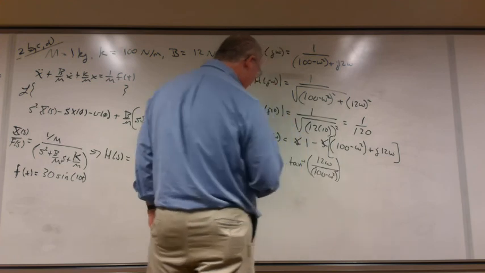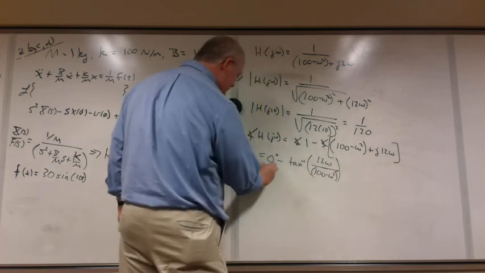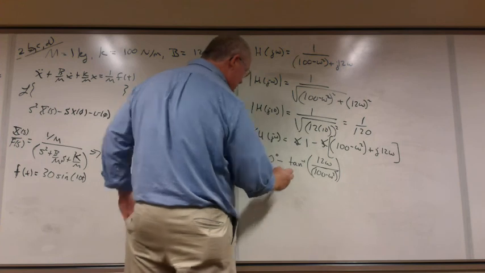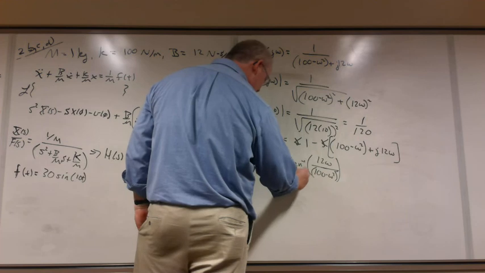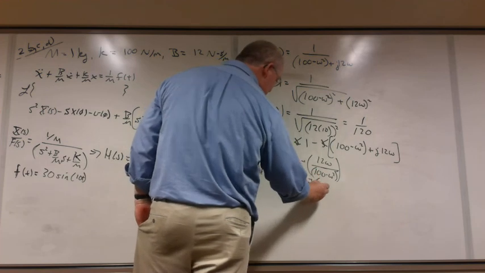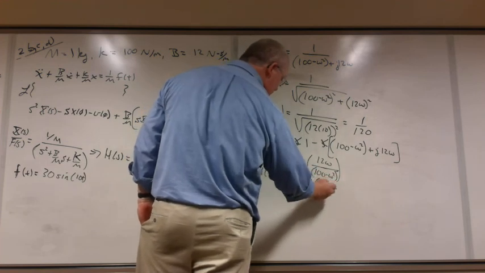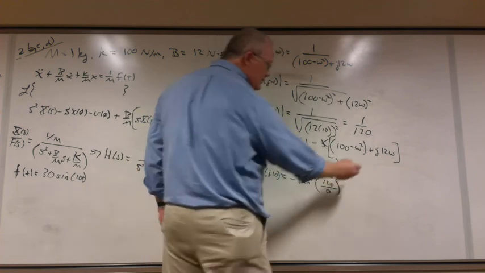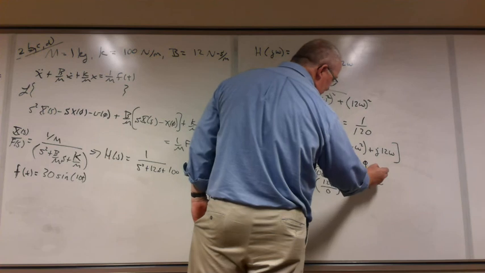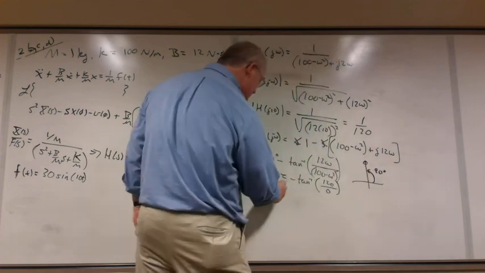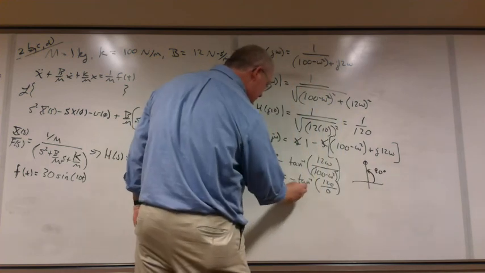Like that. So the angle h of j10 is going to be equal to minus inverse tangent of 120 over 0. Once again, going into our complex plane, 120 up here, 0 there. That gives us 90 degrees. So it's actually equal to minus 90 degrees.